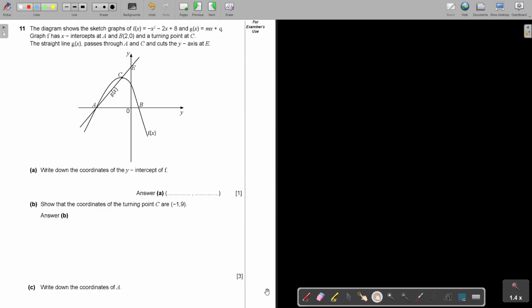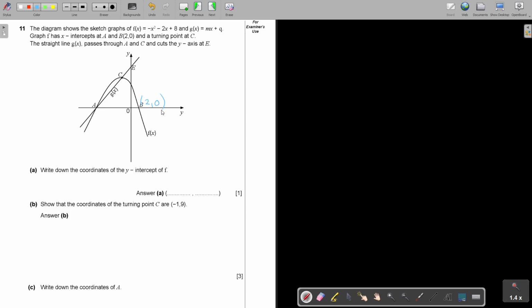The diagram shows the sketch graph of f(x) equals negative x squared minus 2x plus 8 and g(x) equals mx plus q. Graph f has an x-intercept at A and B, 2 and 0. It's always good if you see information, write it in. 2 and 0, that's missing.